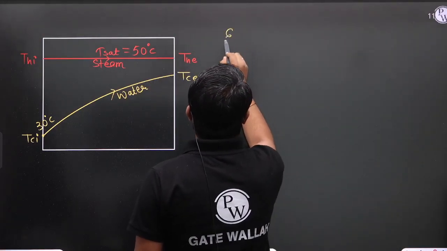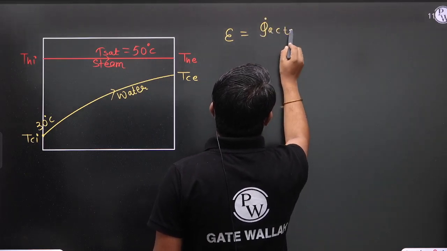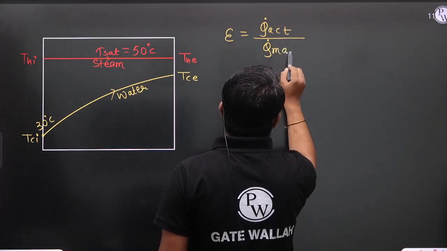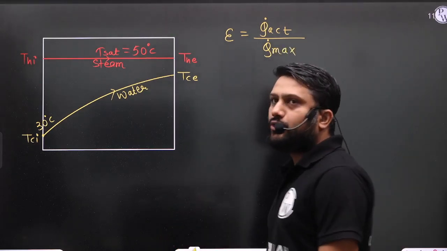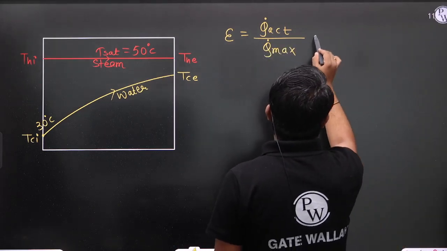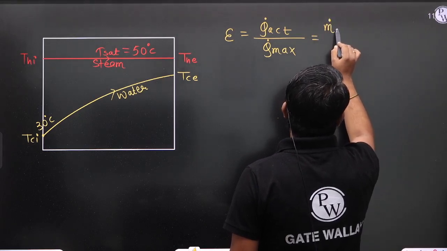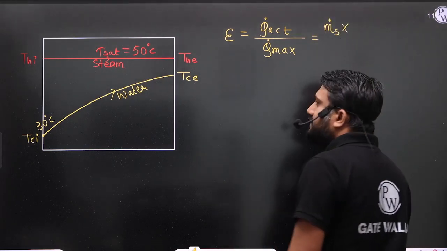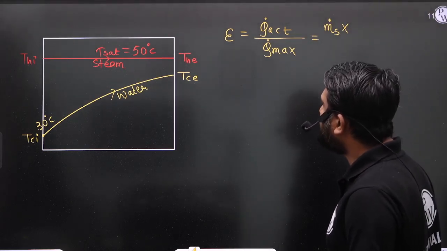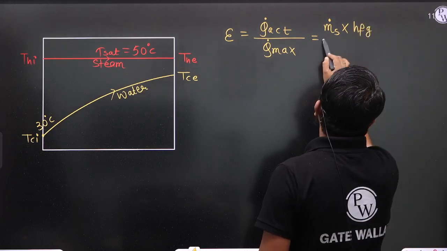So effectiveness we can write as actual heat transfer to maximum rate of heat transfer, right? And what is the actual heat transfer? Simply, the actual heat transfer is the mass of steam which is condensate, m dot s, multiplied by latent heat of vaporization or latent heat of condensation, right?